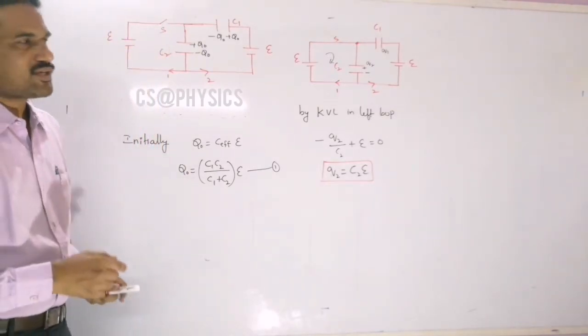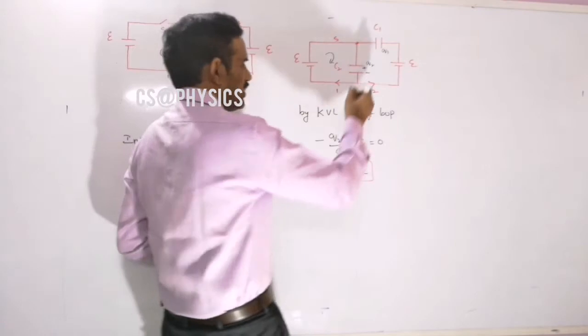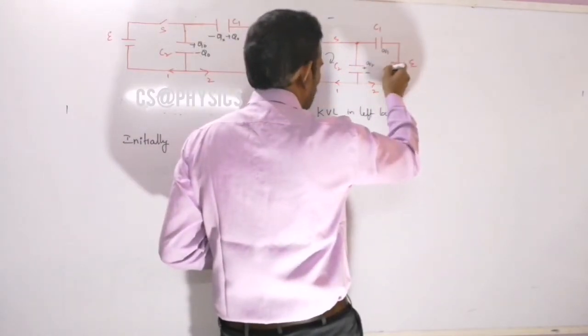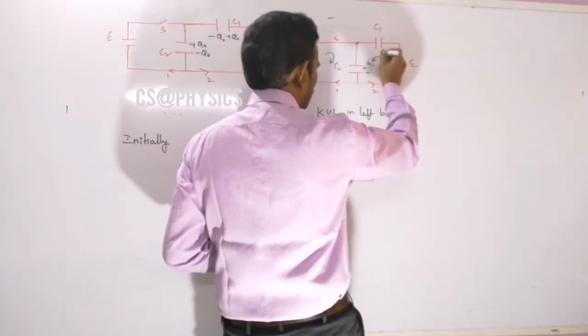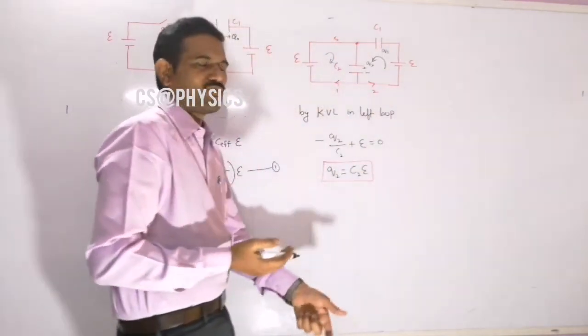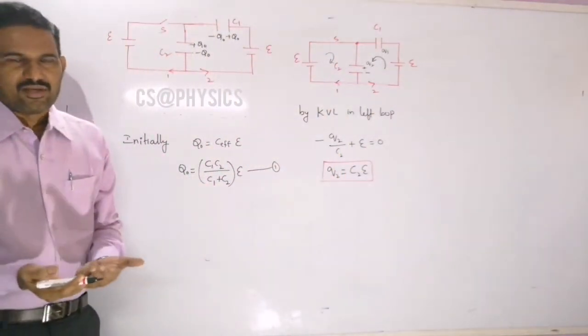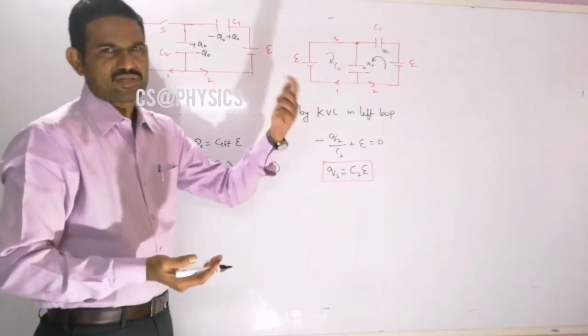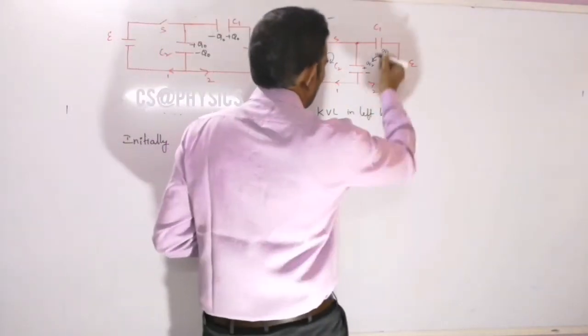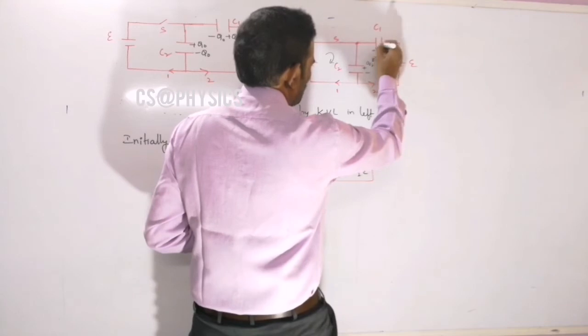And we need to find the charge on the first capacitor now. For that, let us apply the Kirchhoff law in this loop here. I am applying it along this anti-clockwise direction. You can apply either clockwise or anti-clockwise, that is your choice. For these polarities I am assuming this is positive and this is negative.